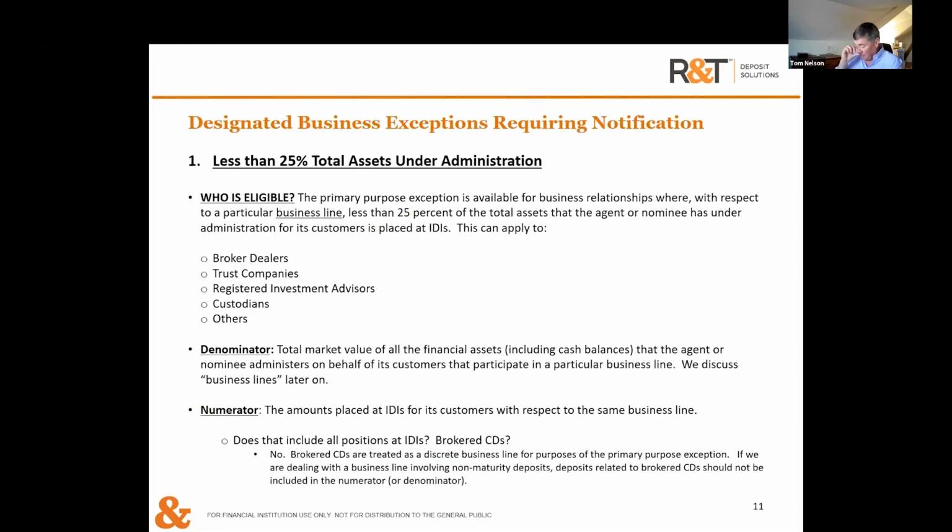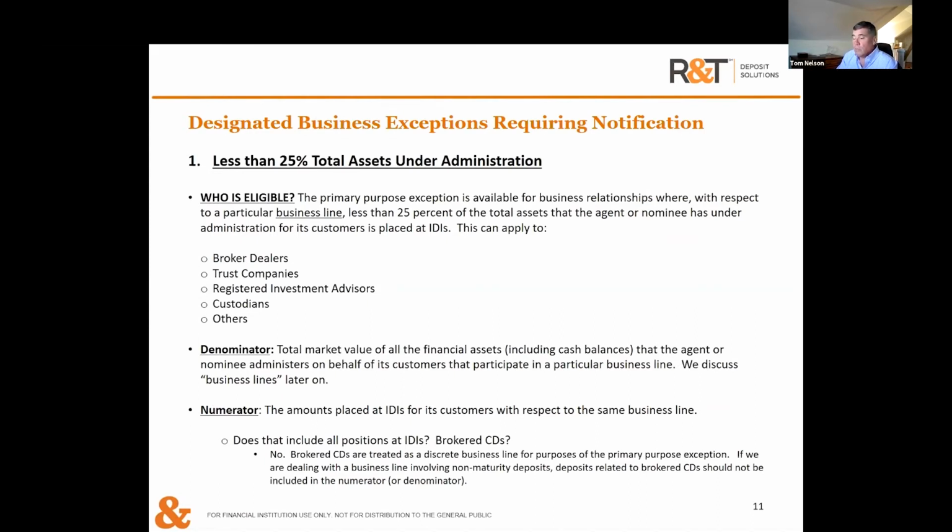Now, those were the issues around how somebody could be considered a facilitator of placing deposits. The other issue is somebody who's in the business of actually placing deposits.